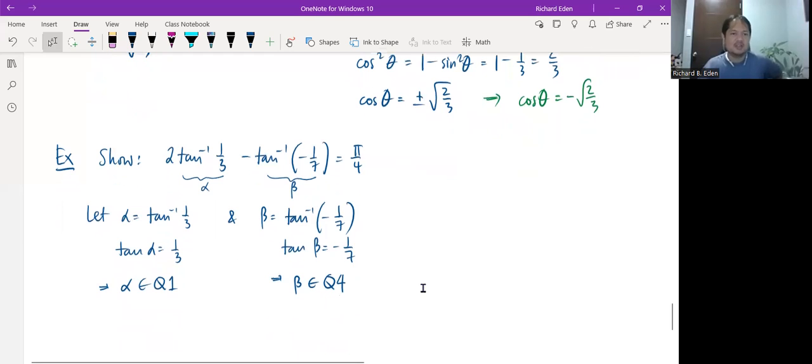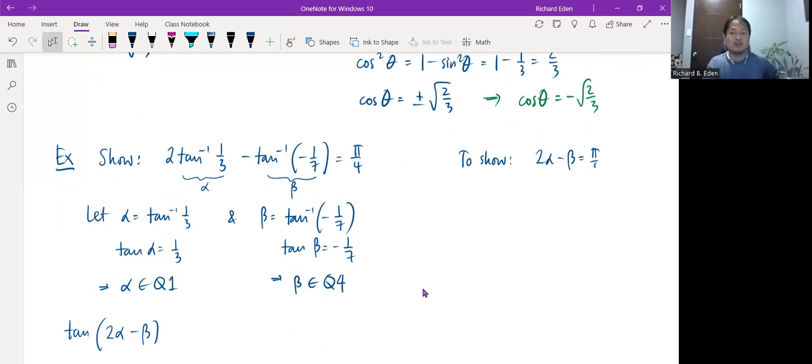So ganito. Let's have a look at siguro i-tangent natin nung 2 alpha minus beta. Okay. So gusto natin ipakita, we want to show that 2 alpha minus beta is pi over 4. So to try natin. Well, this would be tangent of 2 alpha minus tangent of beta over 1 plus tangent 2 alpha and then tangent beta.